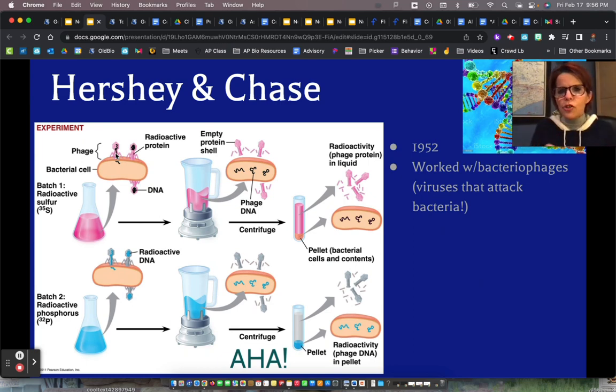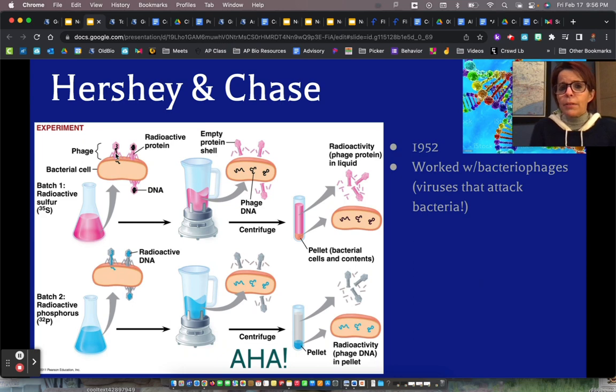But they inject genetic material into the bacteria, and that genetic material tells the bacteria how to build more viruses. That's all the genetic material says. And so the bacteria doesn't know any better. It just starts building more viruses because it's got genetic material that says build more viruses. So it builds and builds and builds viruses until it explodes and the viruses come spilling out.